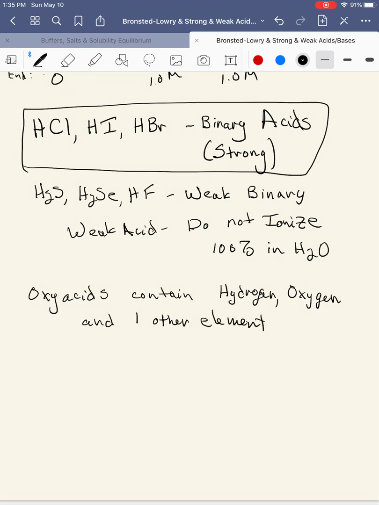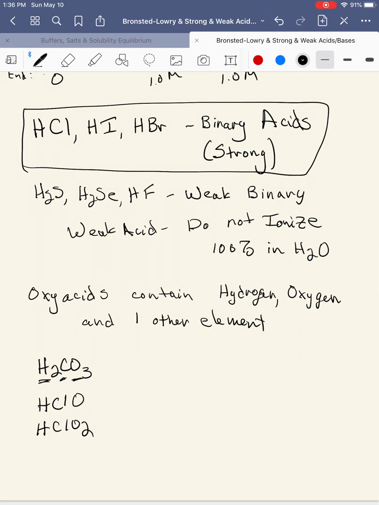Now, if you look at your ion sheet, it's going to be things like H2CO3, HClO, HClO2. Okay? Those are examples of oxyacids. They have hydrogen, oxygen, and one other element. So here's how we tell if they are strong or weak.